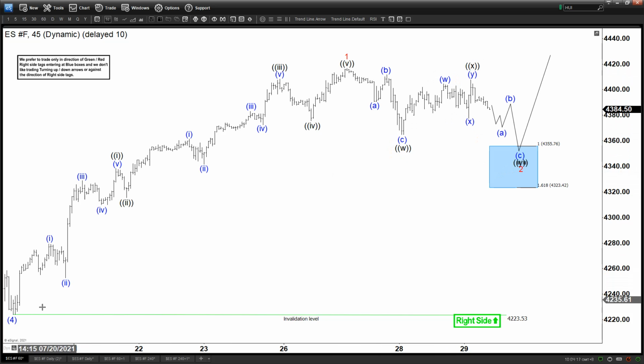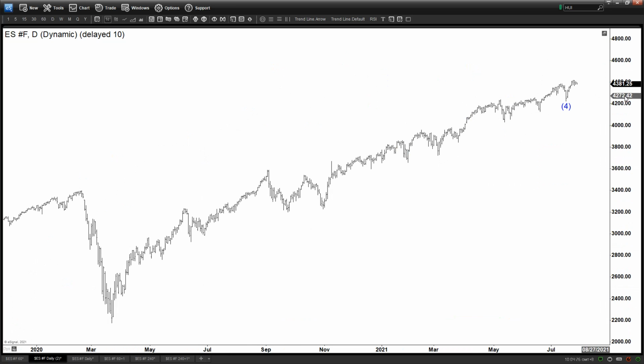Now the second possibility is we have to look at the larger degree. If I look at the weekly and daily, remember we ended with 4 here, so this is your wave 4 on the daily, so that means this has to be a wave 3, right? And then 1 and 2 will be somewhere along the way. So if you count this 1 2 3 4 5 maybe, then this is probably a 1 and 2 here, right?